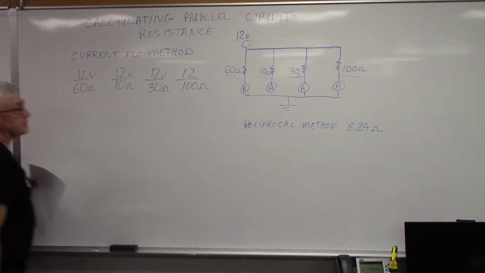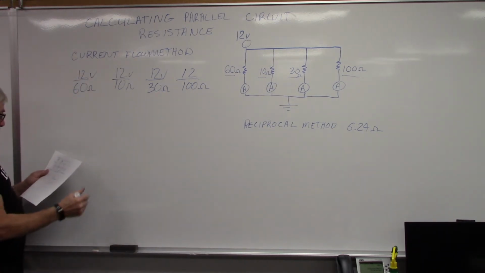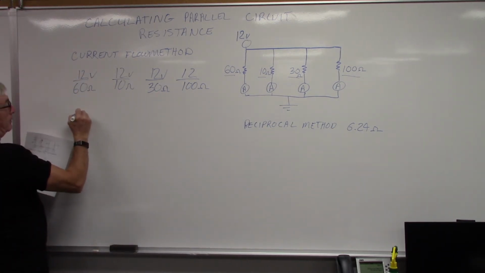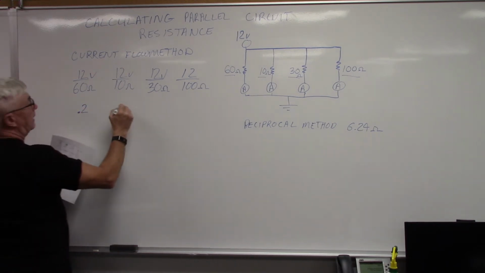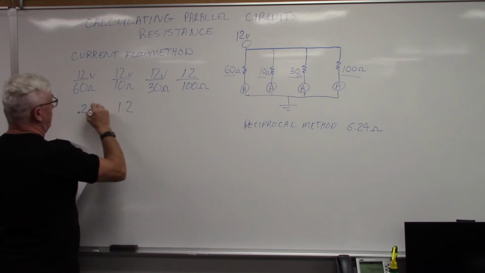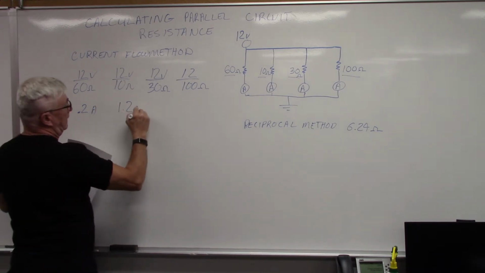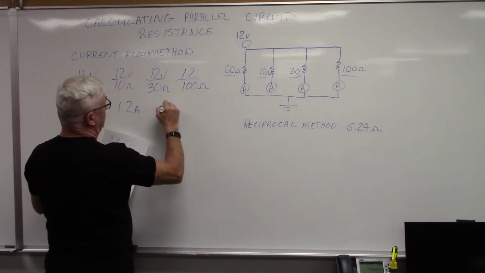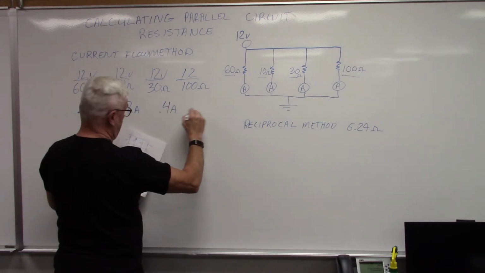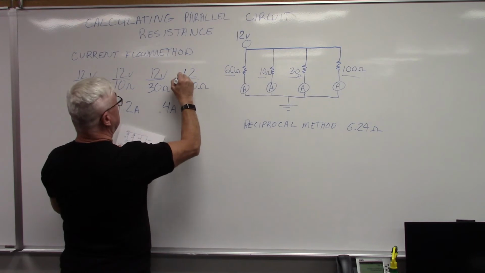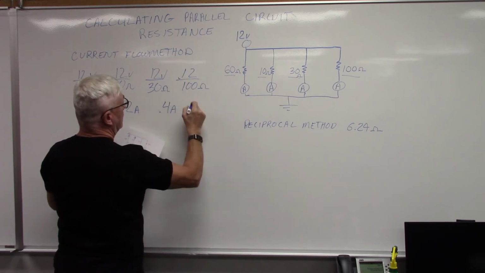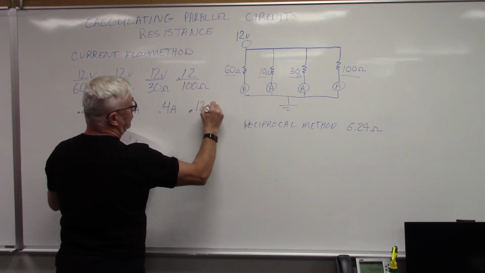If we solve each of these out, we end up with a current flow of 0.2 amps, 1.2 amps, 0.4 amps, and 0.12 amps.